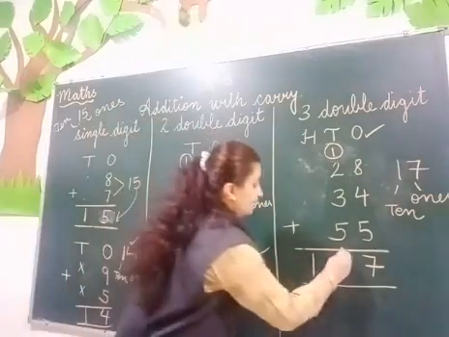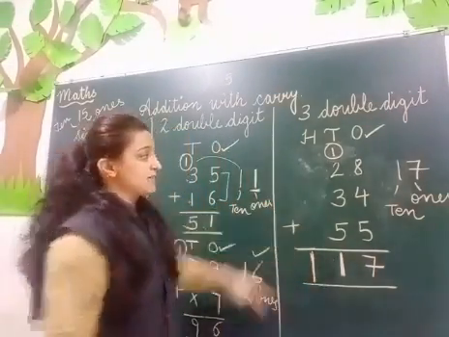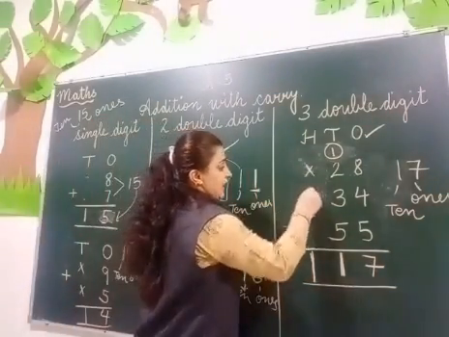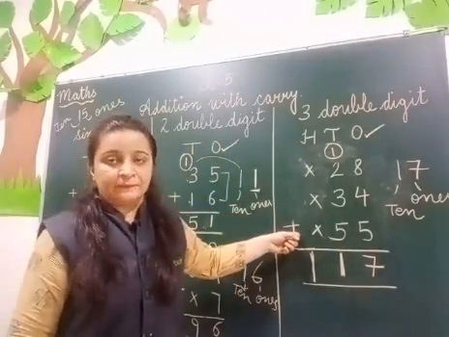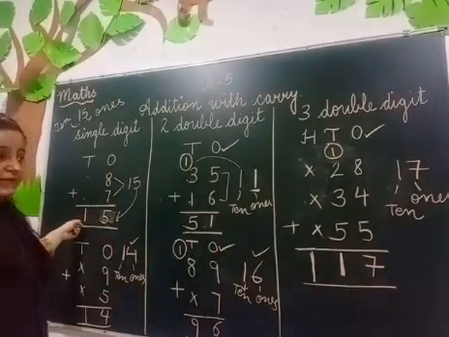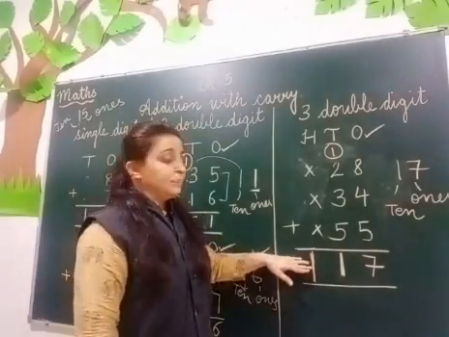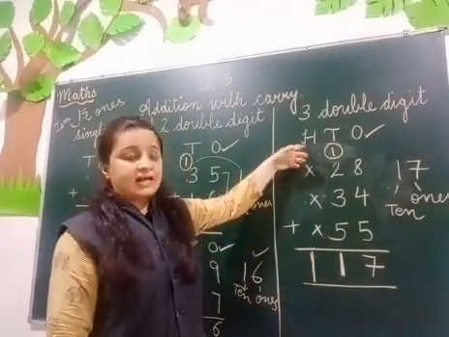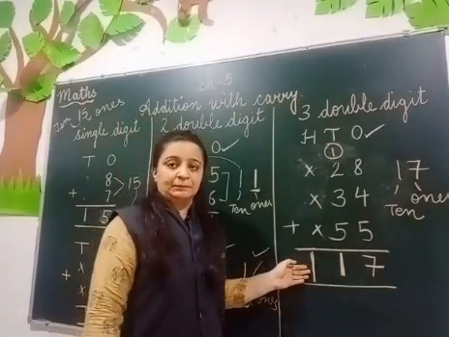Children, 11 you can write directly like this because at hundreds place we have no digit to add. As we have done here, ना, 15 का हमने 1 डायरेक्टली लिख दिया था ना, सो यहाँ पे 11 का 1 हम डायरेक्टली लिख देंगे because we have no digit at the 100 place to add with this carry.